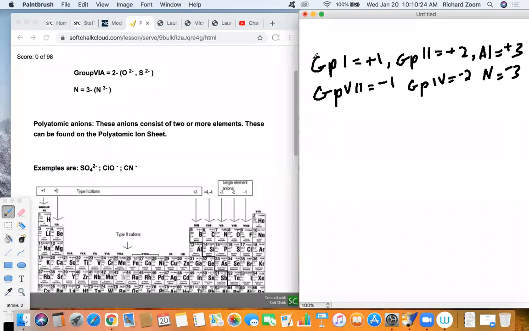We call these the type 1 cations. And that means that they don't change.